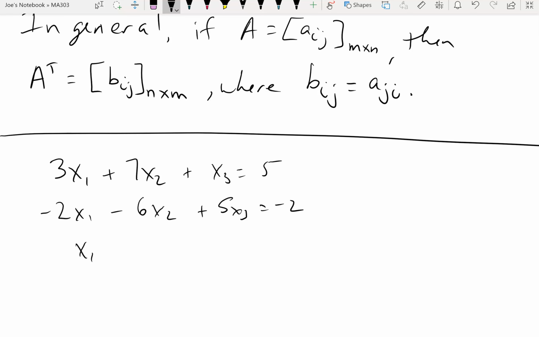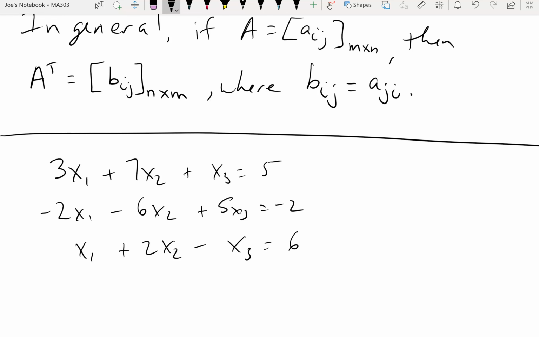I'm just making up numbers. x1 + 2x2 - x3 = 6, say. I'm not interested in what the system is or what a solution in that particular system is. I don't really care, or even if it has a solution. All I want to do is try to rewrite this as a matrix equation utilizing matrix multiplication.